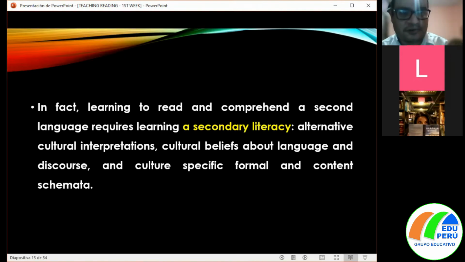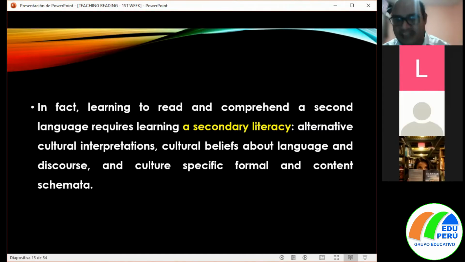Can you remember? Linguistic schemata. Excellent. That's it. The linguistic schemata. But notice here that we are focusing on two: the formal and content schemata.